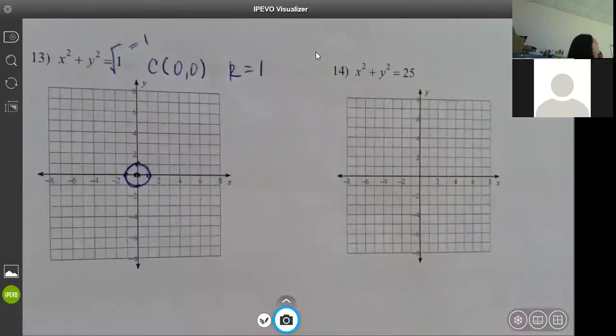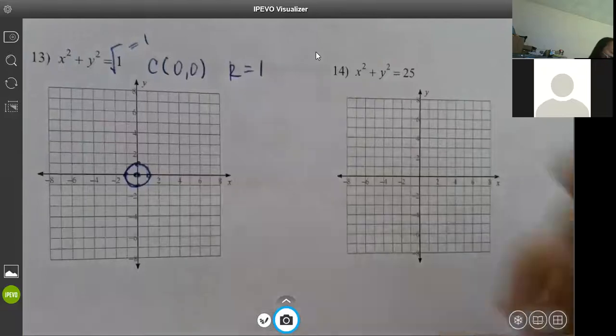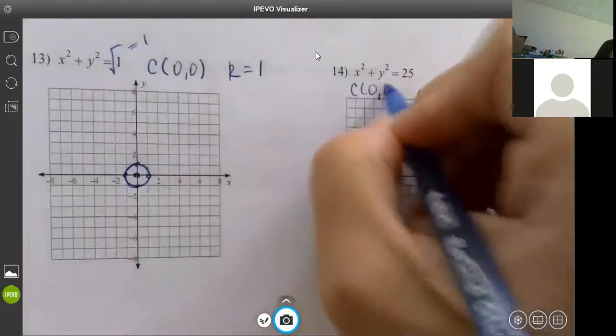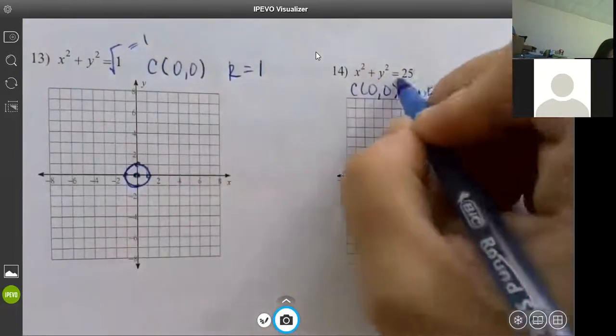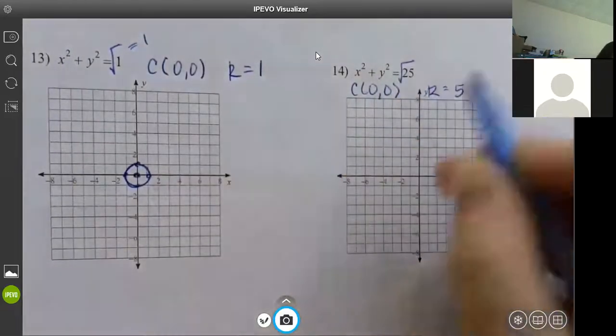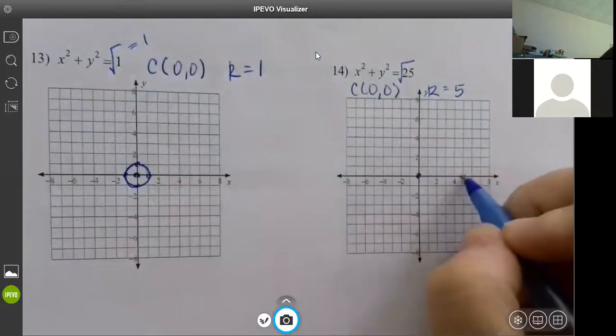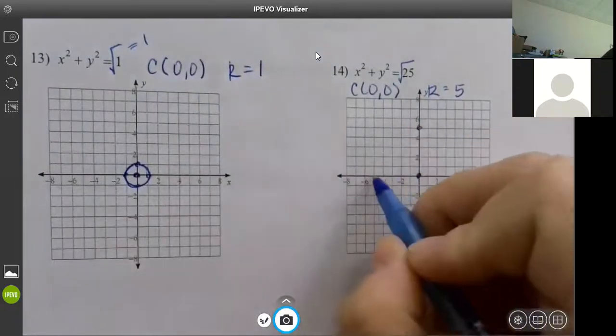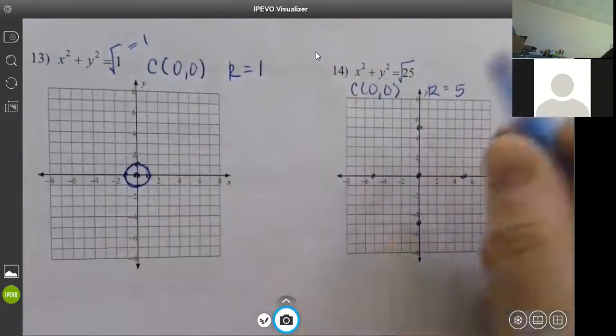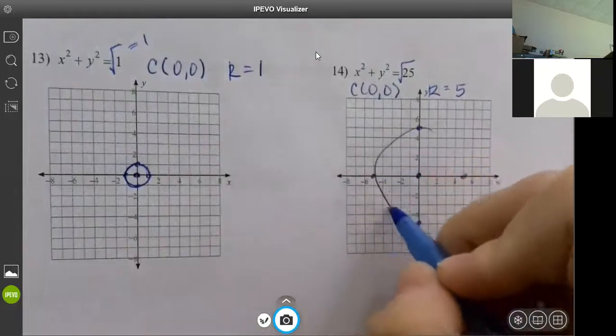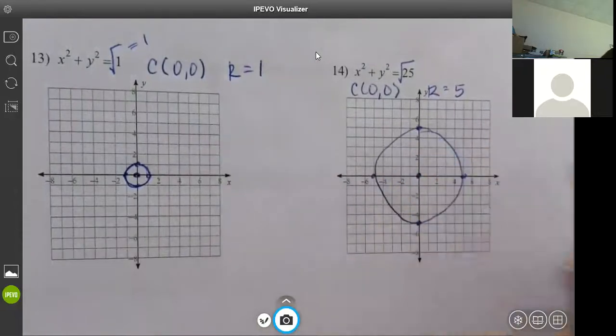Big circles are hard. 14. What's my center? What's my radius? So 0, go up, down, left, right, 5. And make your circle.